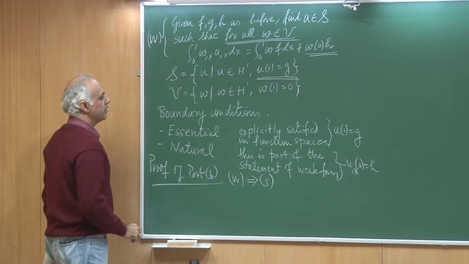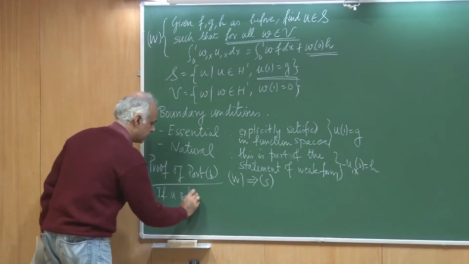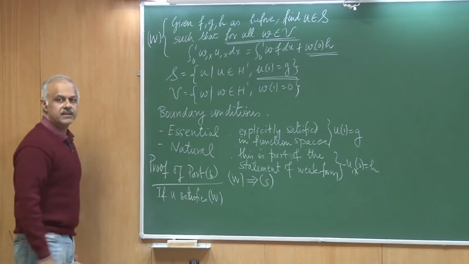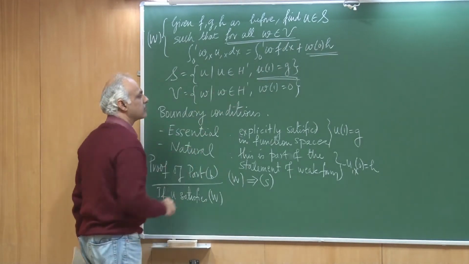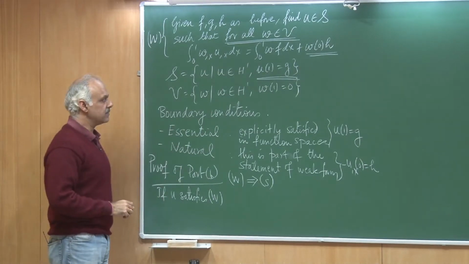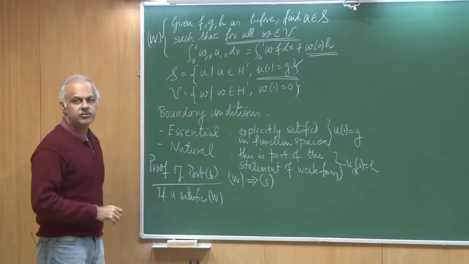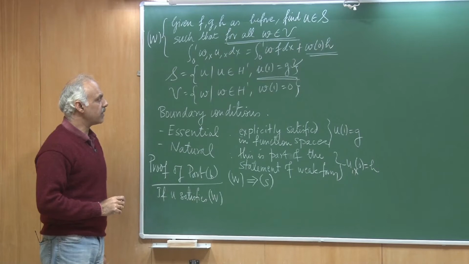If u satisfies the weak form, that means the entire statement, then I already know that u belongs to the solution space, which means the boundary condition is given to me. So, that is a good starting point.